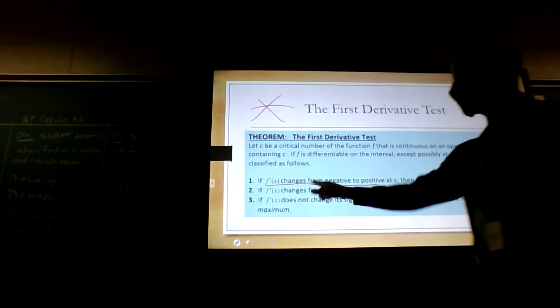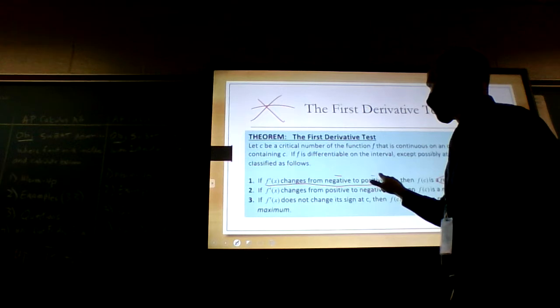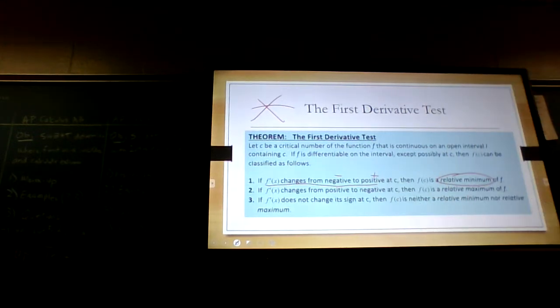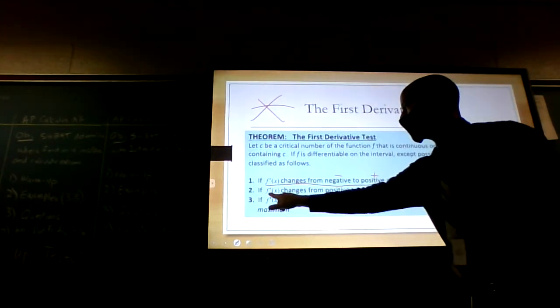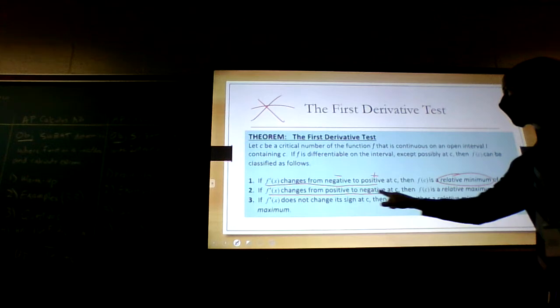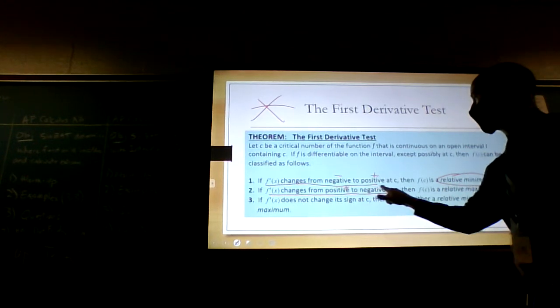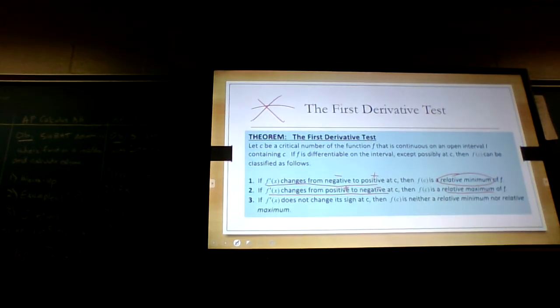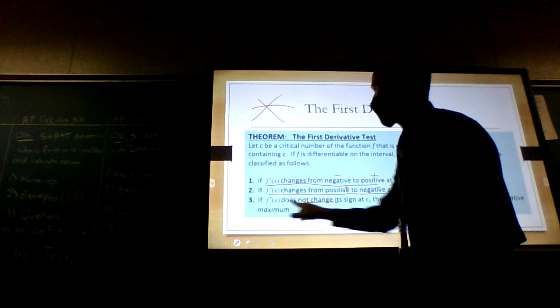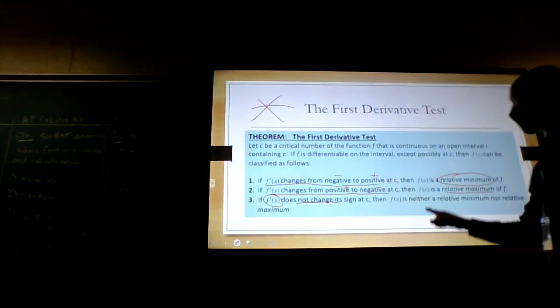If f prime changes sign from positive to negative, it's going to be a relative max. If f prime doesn't change signs, then it's neither.